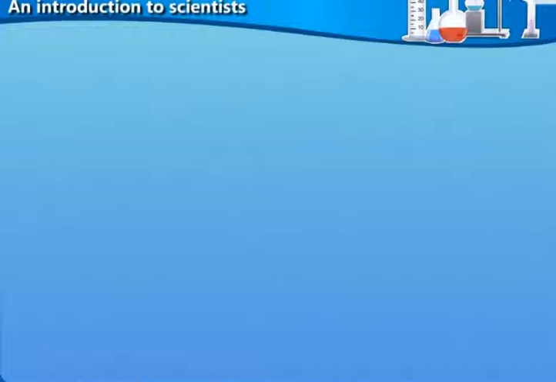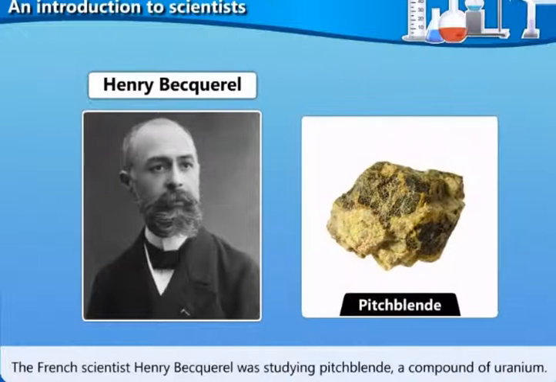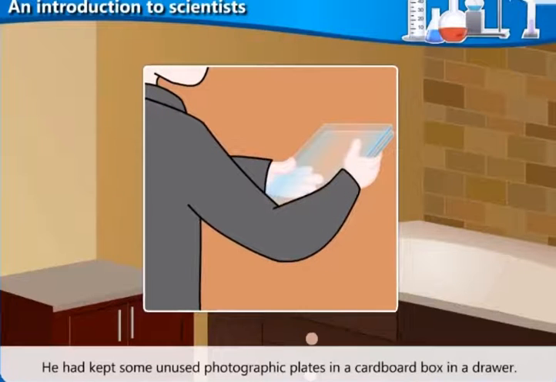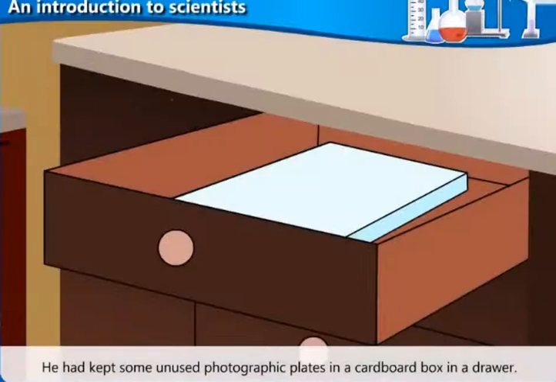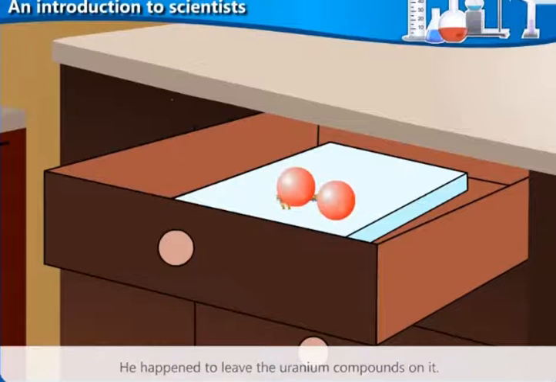An introduction to scientists. The French scientist Henri Becquerel was studying pitchblende, a compound of uranium. He had kept some unused photographic plates in a cardboard box in a drawer. A key was lying on the box. He happened to leave the uranium compounds in it.